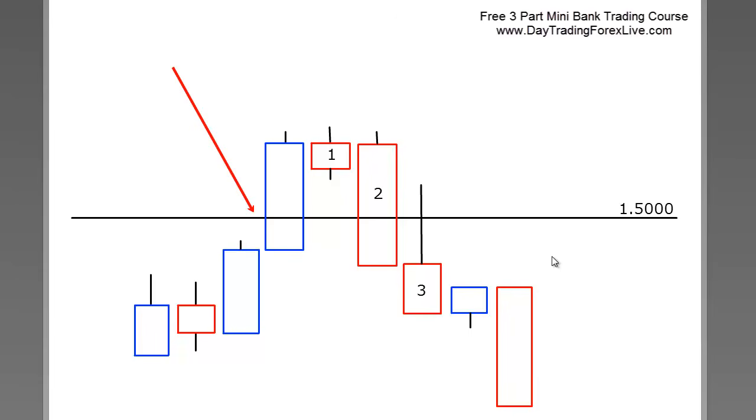One of the advantages to reading the commentary each day, and probably the biggest advantage for those in our members community, is that we choose these high probability points for you and walk through why exactly we're choosing each point. So as you're looking at either the commentary or, if you're a member, the reviews, when you identify these points, the principle is what you want to keep in mind.